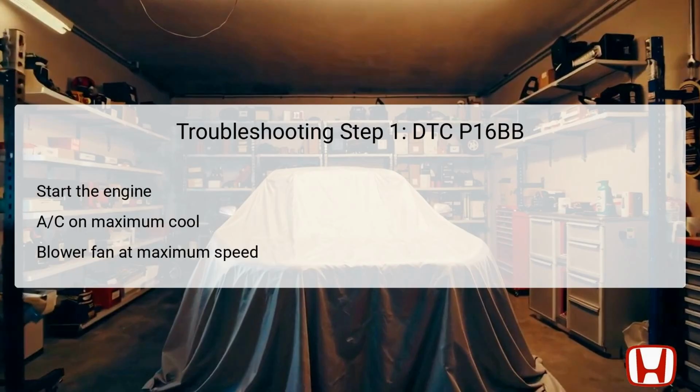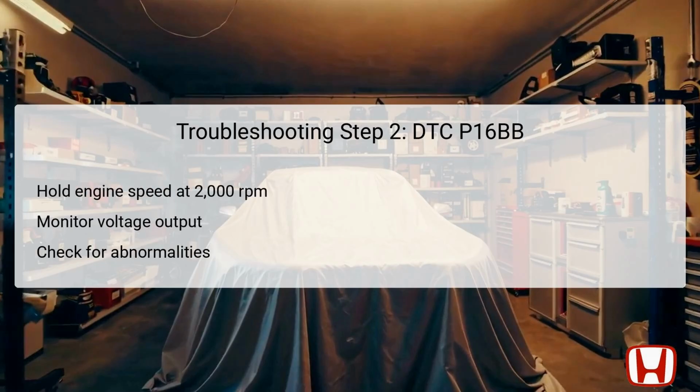Additionally, the blower fan should be set to maximum speed, which further increases the load demand on the alternator. Ensuring the headlights are on high beam and the rear window defogger is activated will maximize the power demand placed on the alternator. This initial step is vital in determining whether the alternator can maintain the necessary voltage under load.